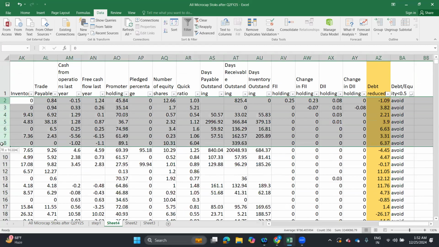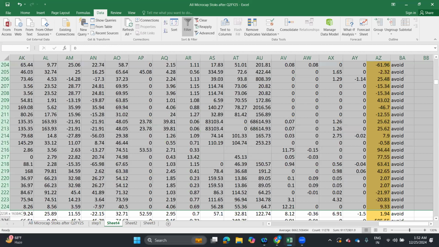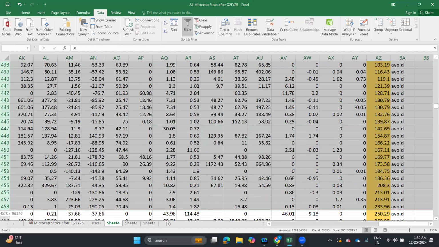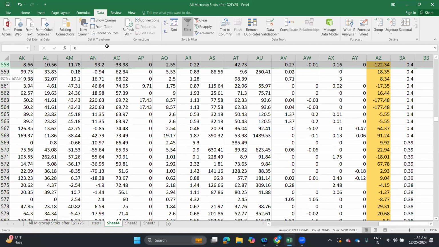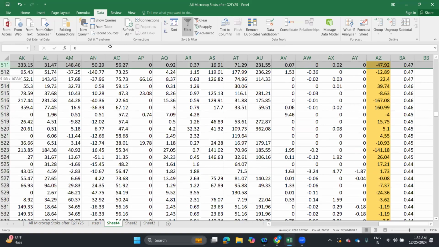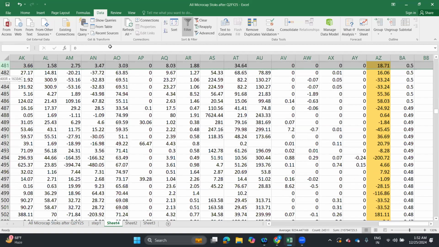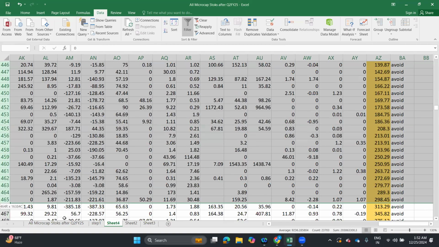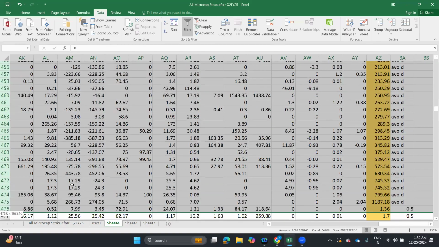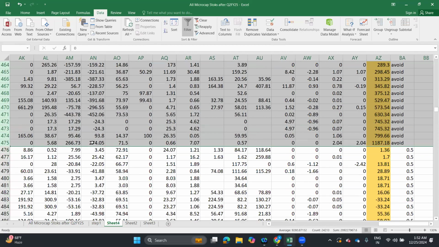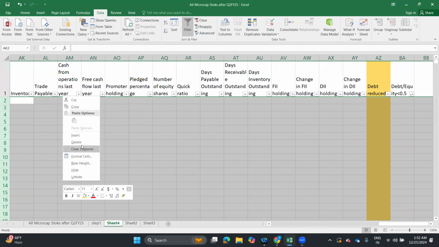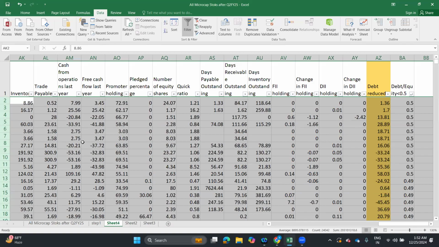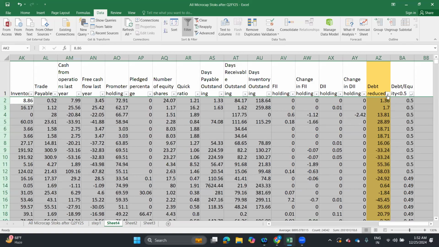So I'm just simply eliminating this avoid wala. So I'm eliminating simply this 475 stocks where debt to equity is more than 0.5, although they have reduced their debt. अब क्या करना है?